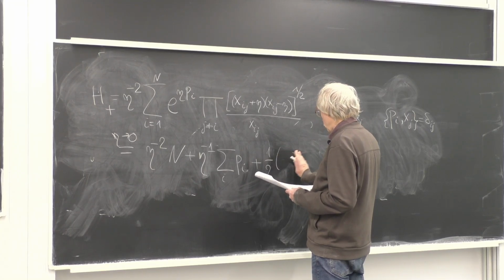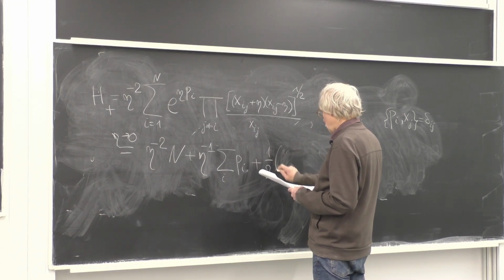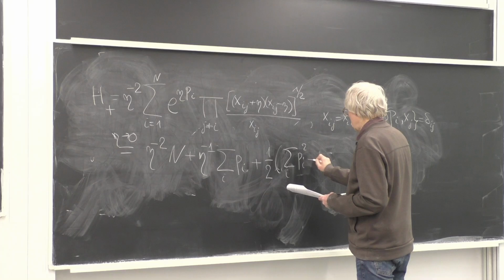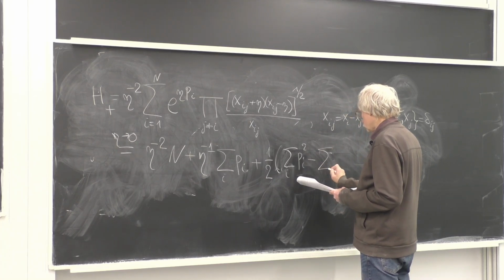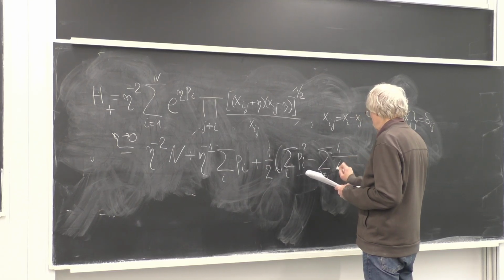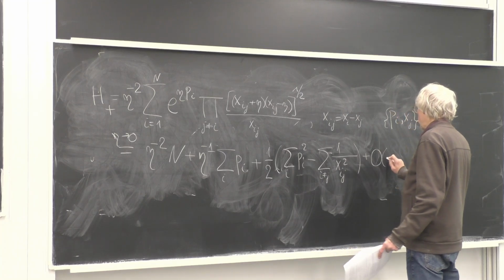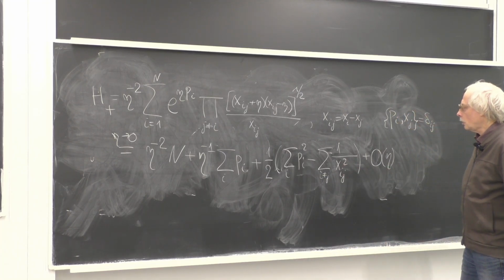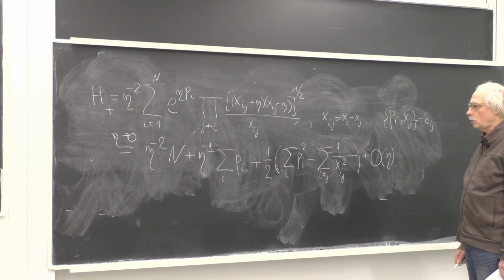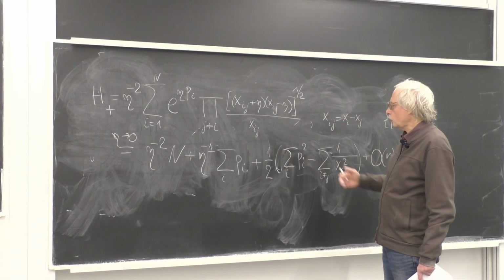And the constant term is just the Hamiltonian of the Calogero-Moser system. So this is indeed a deformation of the Calogero-Moser system.